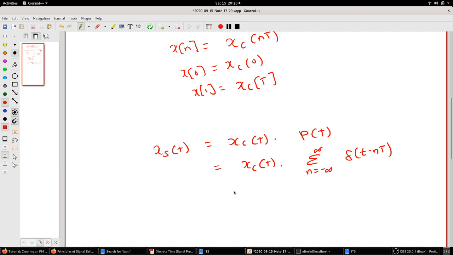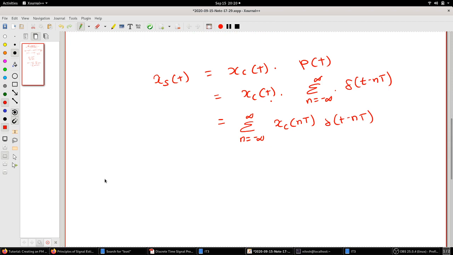This is your impulse train. So if I want to bring xc of t inside, by using the shifting property I have summation n equal to minus infinity to infinity xc of nT into delta of t minus nT. So this is what you get.